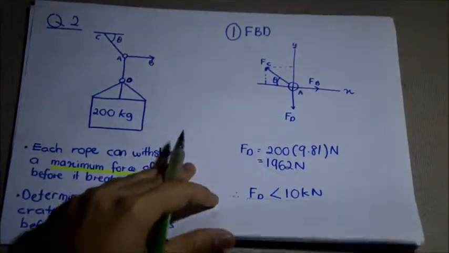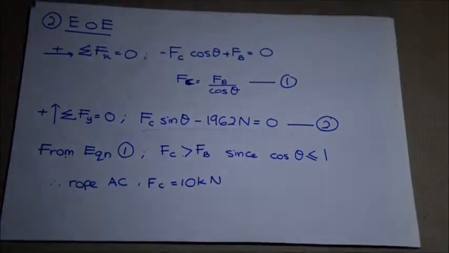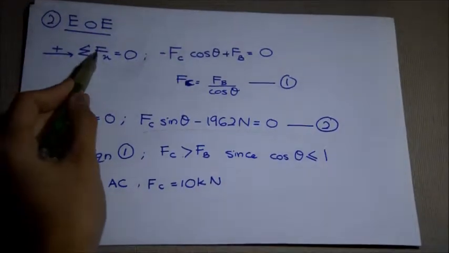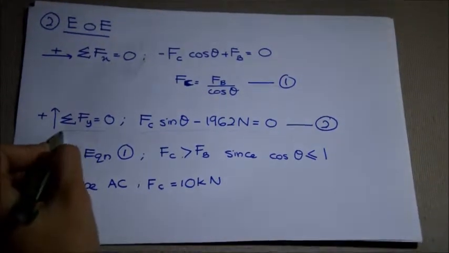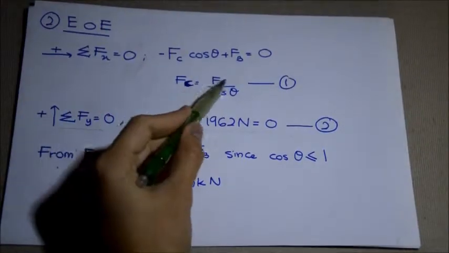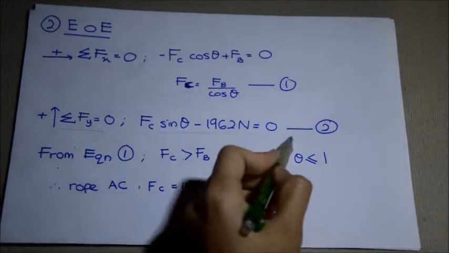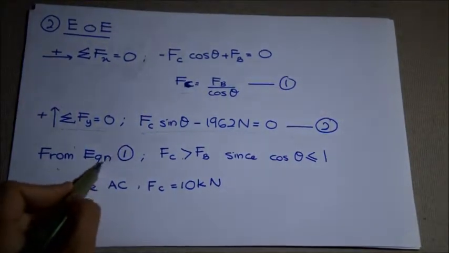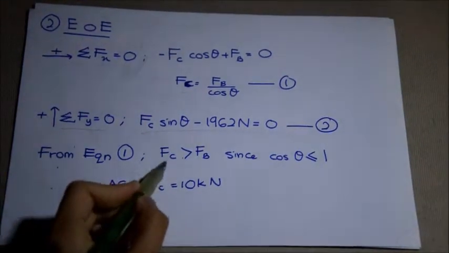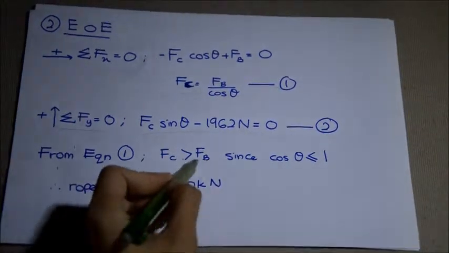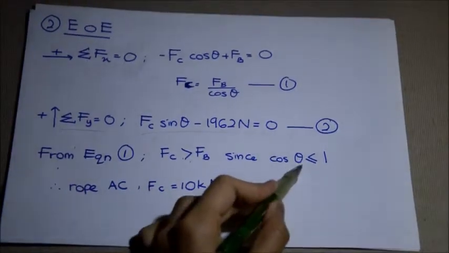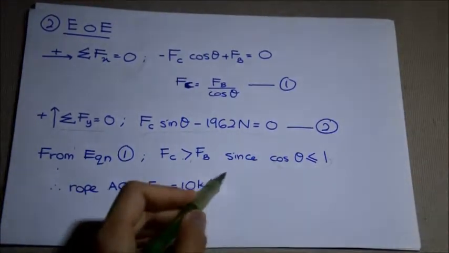The next step is we apply the equation of equilibrium in the x and y axis. We will have two equations, the first equation and the second equation. From equation 1, we can see that FC will be greater than FB since cos theta is less than 1.